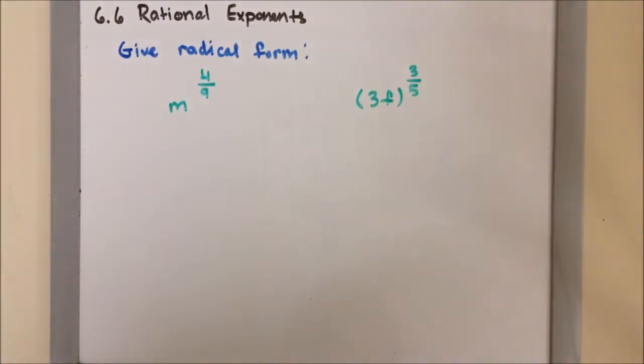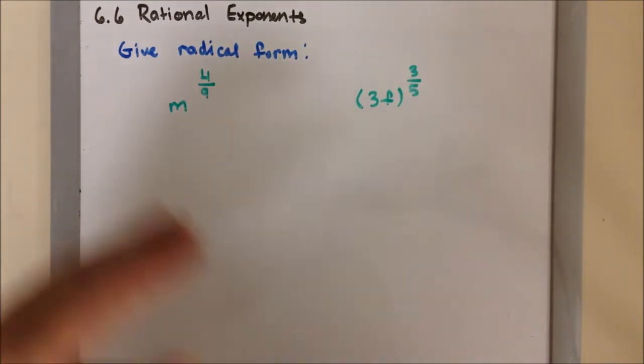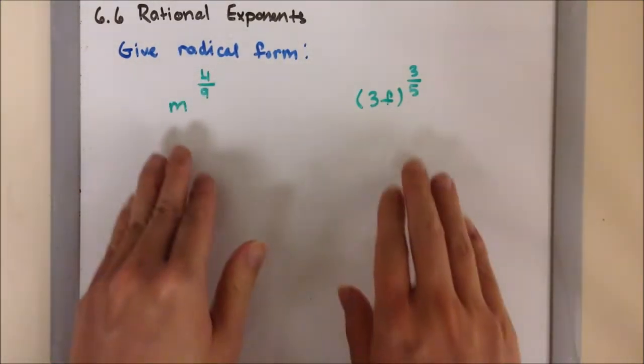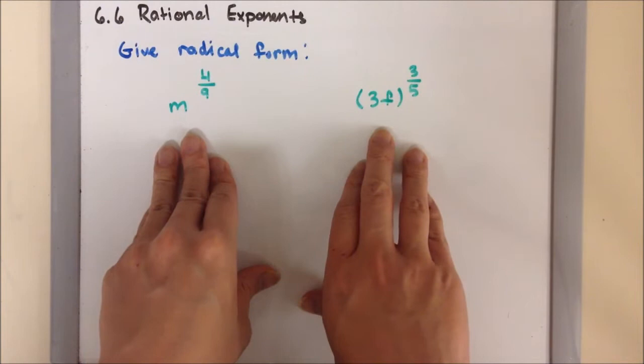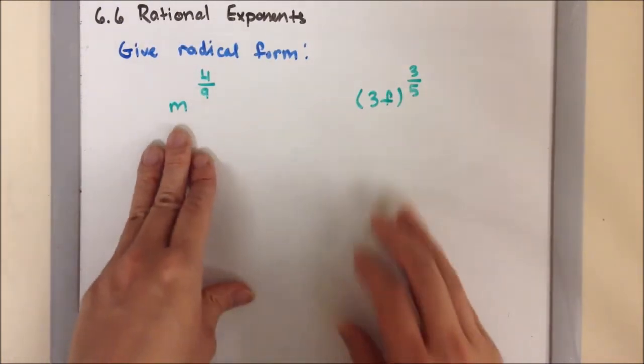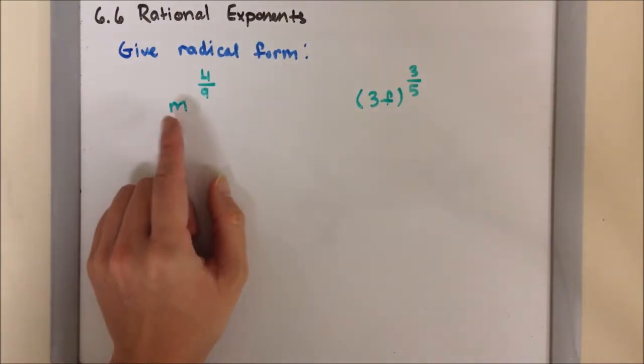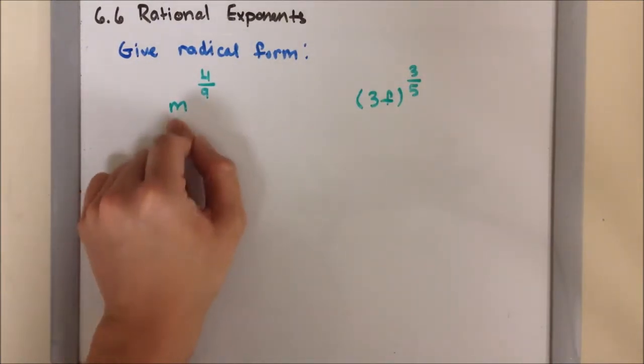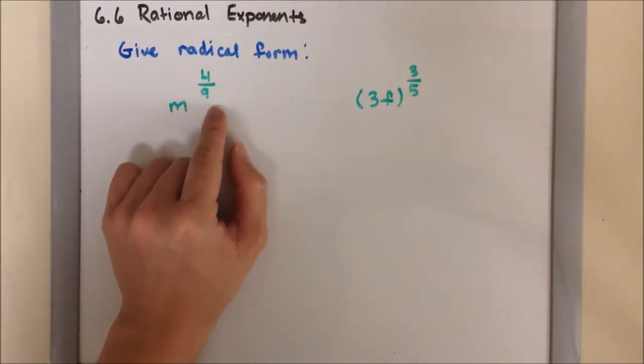In this part, we're being asked to give radical form based on problems given in rational exponent form, or exponential form. So in our third example, we have m to the power of 4 over 9.